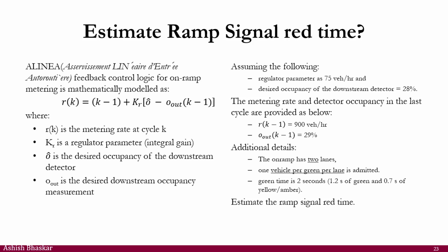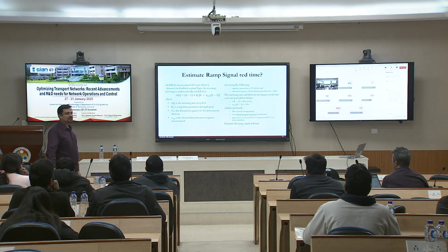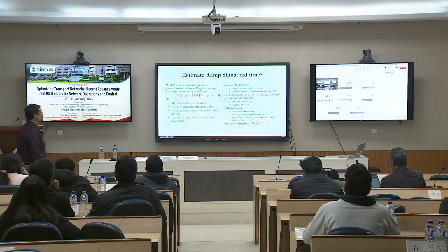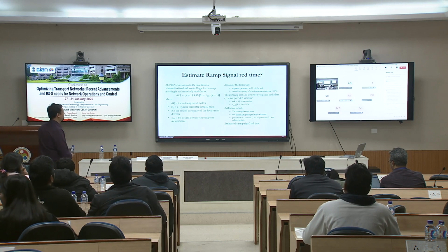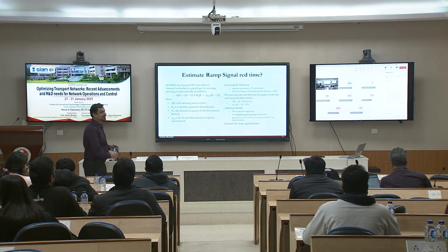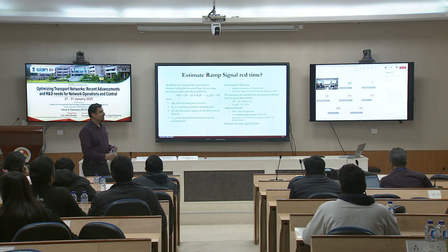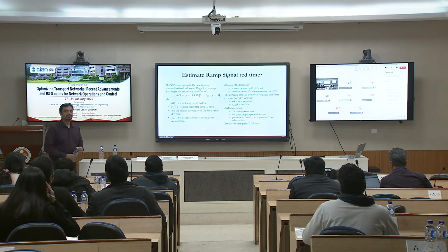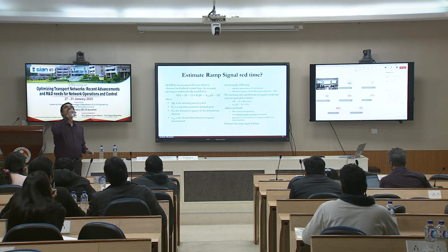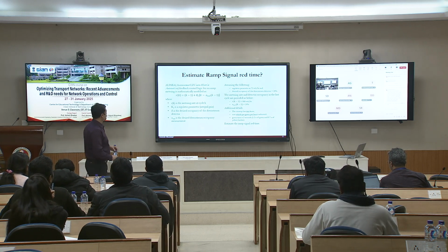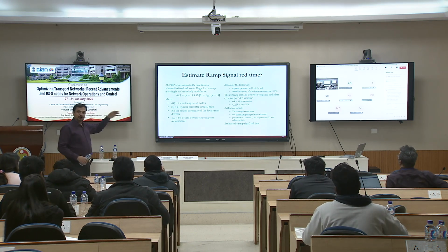If you have energy, start looking at this question, start solving it. This is the ramp metering one, very similar to what we have discussed in the class, but slightly changed also. So here we have a linear algorithm, right?